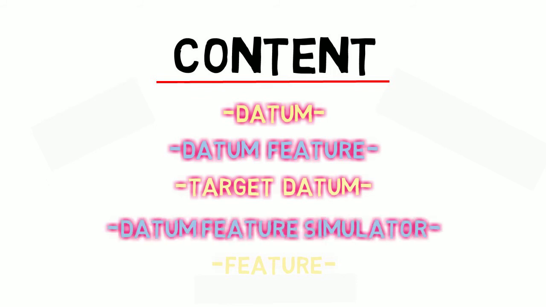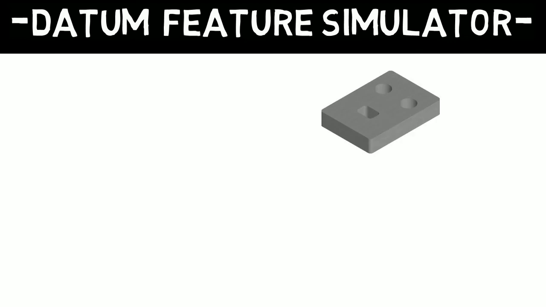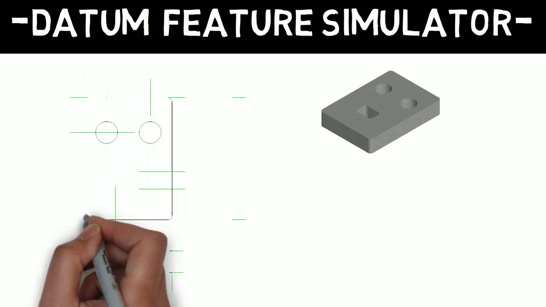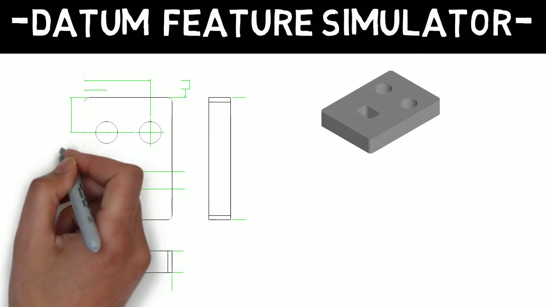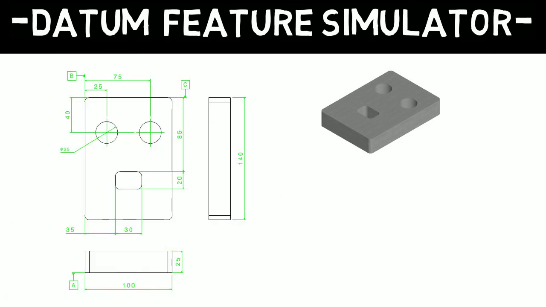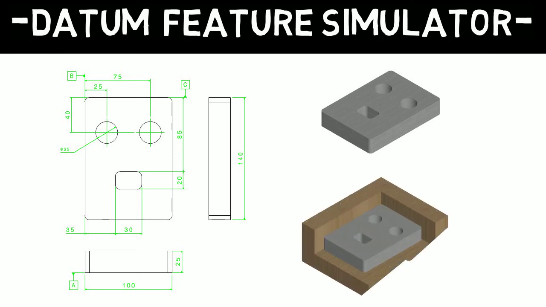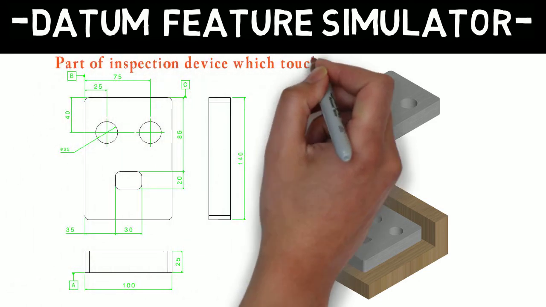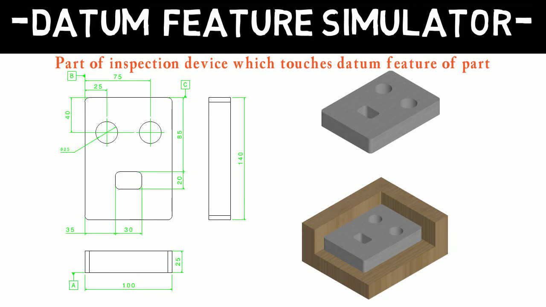Next term is datum feature simulator. Again we will see with the previous example. Here we have given datum A, B and C. It means according to this we have to put this part like this while inspecting. So the part of the inspection device which touches the datum feature of a part is called the datum feature simulator.